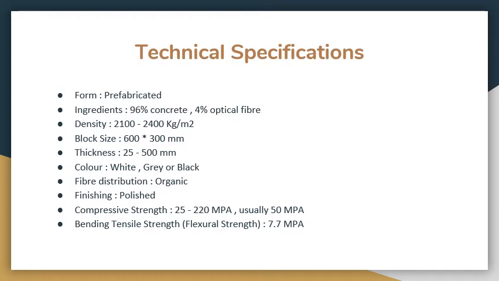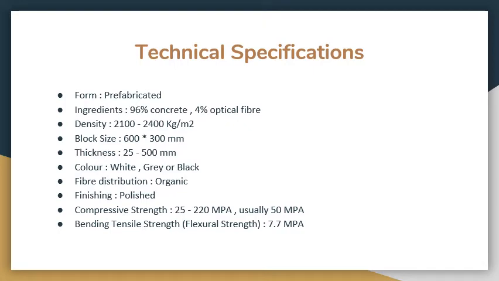Technical specifications. We have some technical specifications. First is the form. It has to be prefabricated ingredients. 96% is concrete, the other 4% is optical fiber. Density: 2100 to 2400 kilograms per cubic meter. Block size, we have 600 by 300 millimeters.